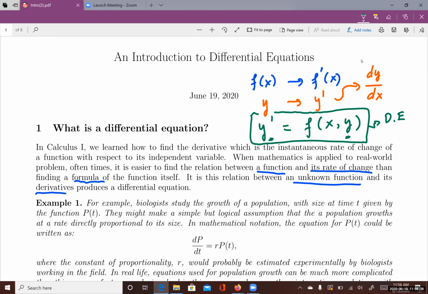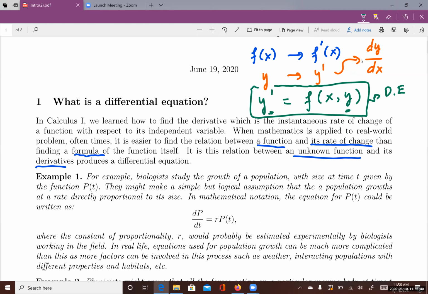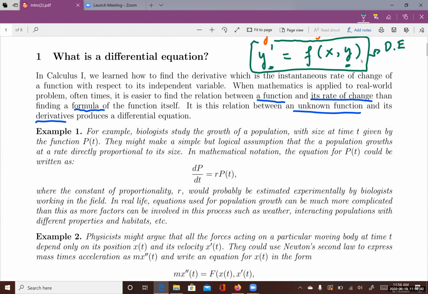All right, well, let's look at the first example. Biologists usually study the growth of a population of a certain species, with the size at time t given by the function p of t. So p of t is the population at time t.